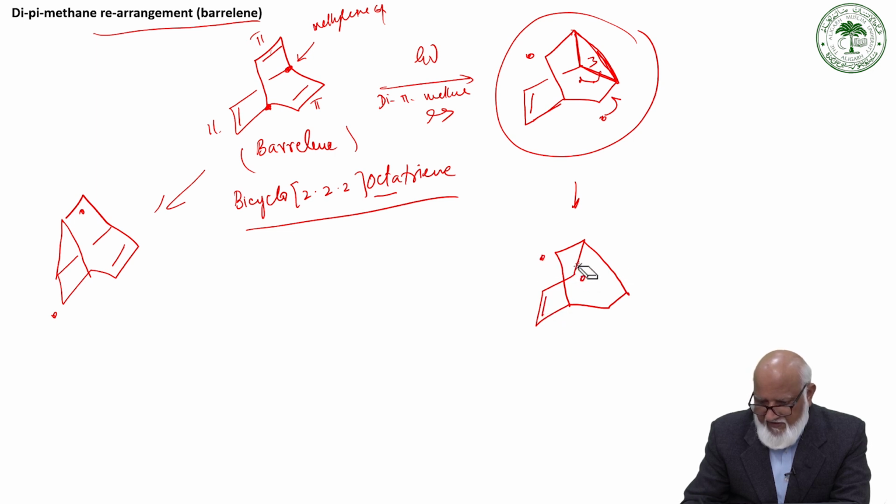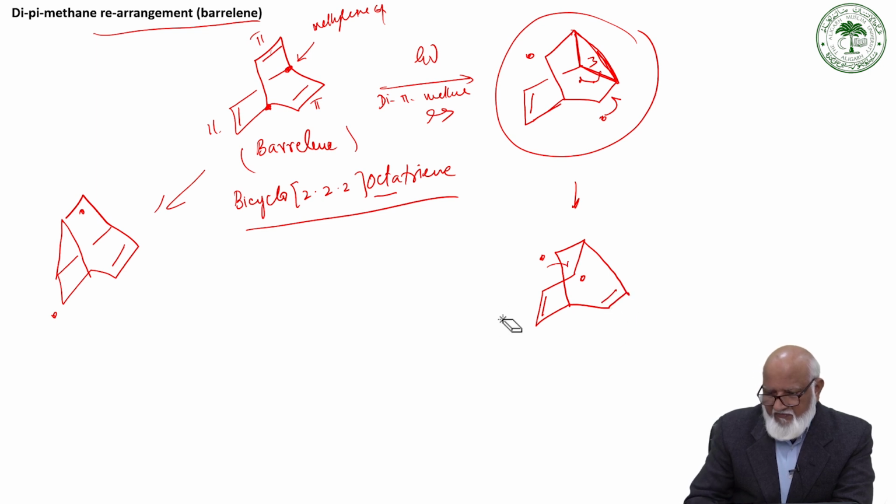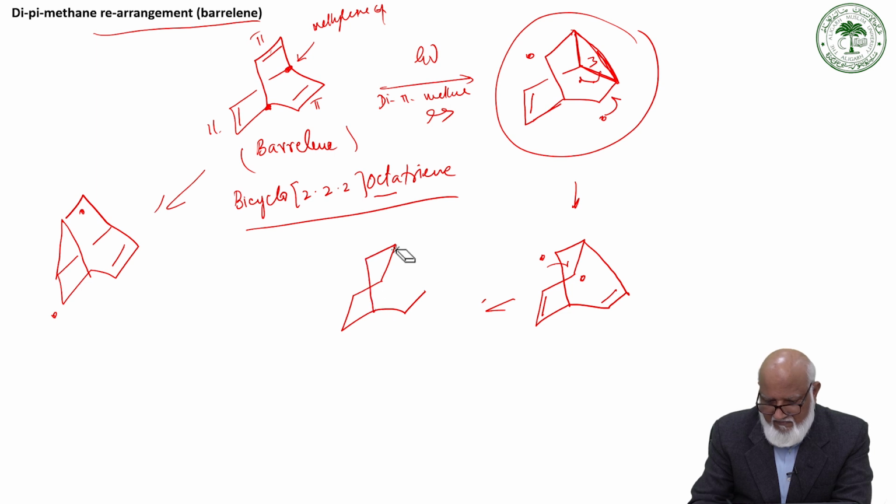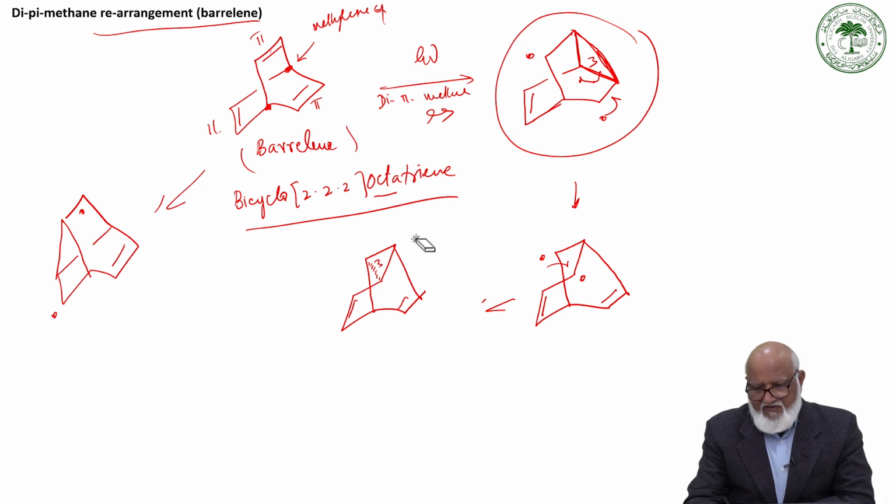So this will combine as there is a new double bond, and then it will look like this. This is a 3-membered ring. So this is the product.